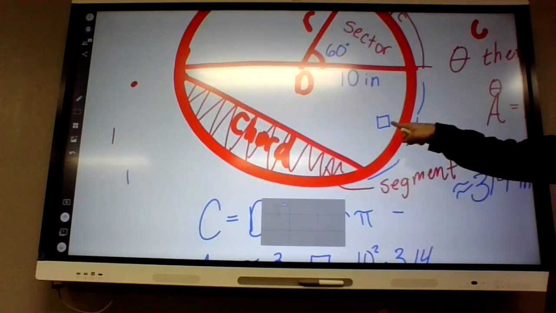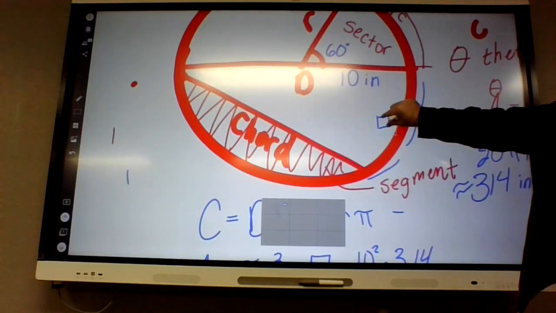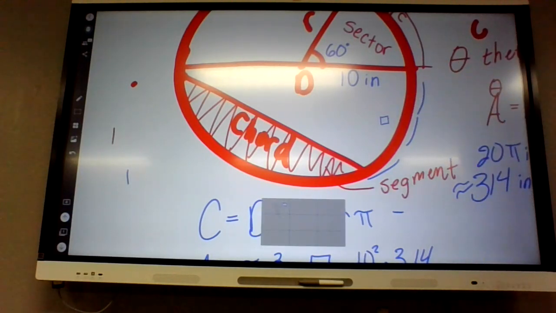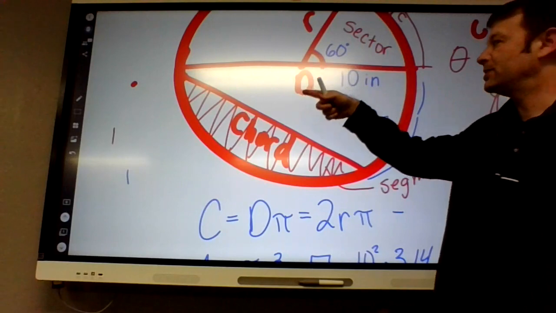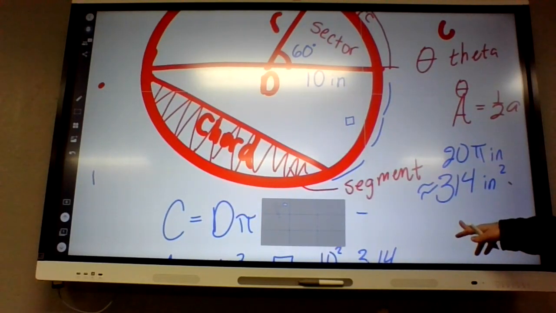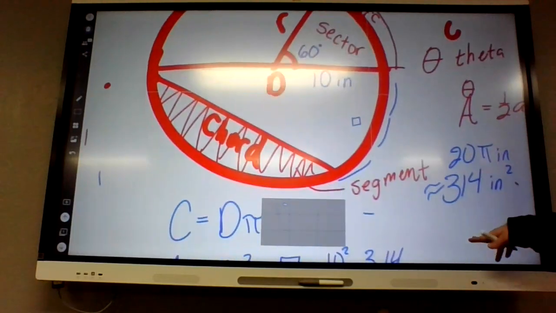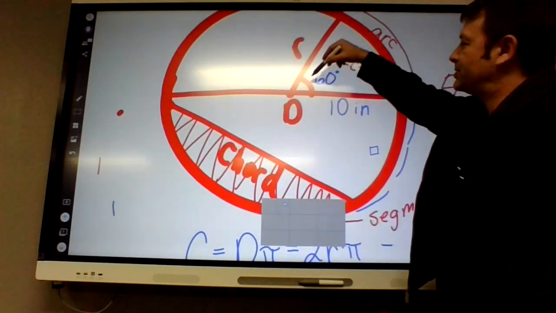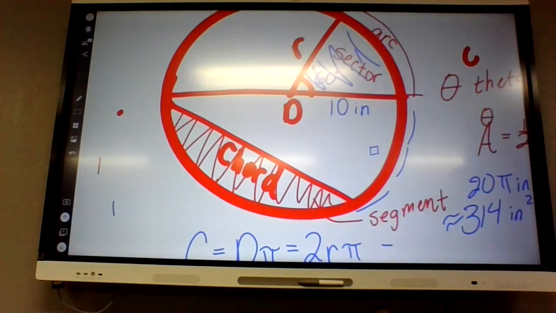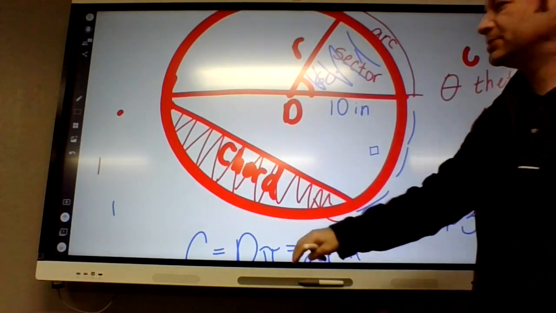Like, this is maybe a little bit too big for an inch. 314 of these things could fit inside there. Okay, but what if I just wanted the sector area, like just this part in here? How could I do it?